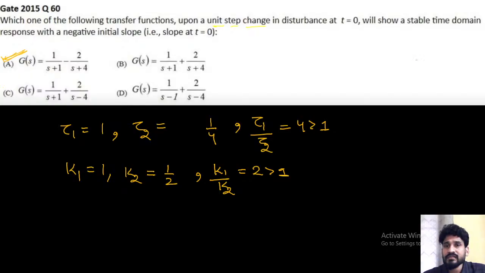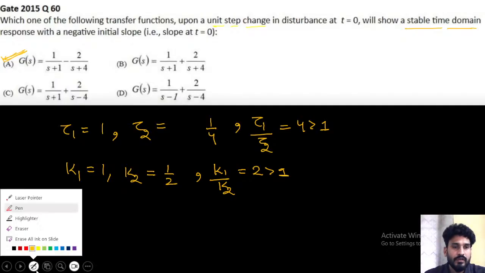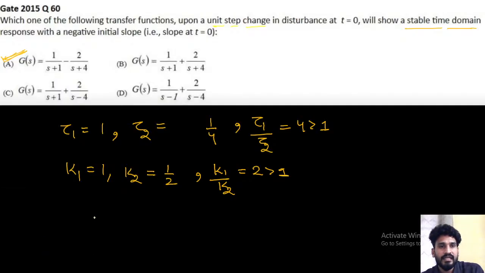Also, here we can check it will show the stable time domain response. Okay, it is showing the inverse response. Now we have to check whether this is showing a stable response or not. How to check? For stability, there must be negative poles.